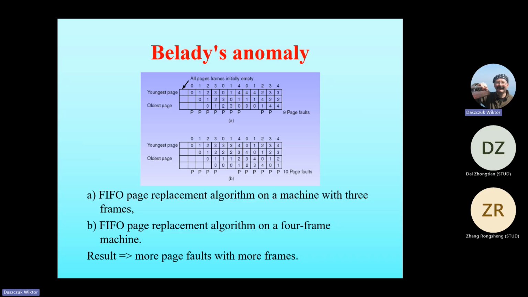Typically, LRU, LFU algorithms are used, not FIFO or second chance. So, from this perspective, it is a theoretical example, but it clearly shows what can happen in some special circumstances.